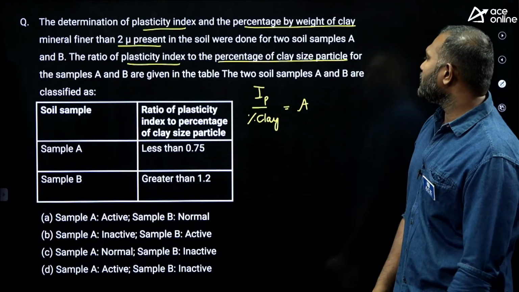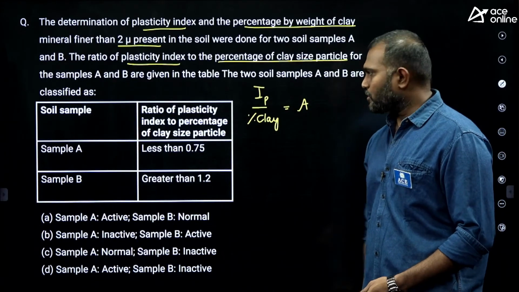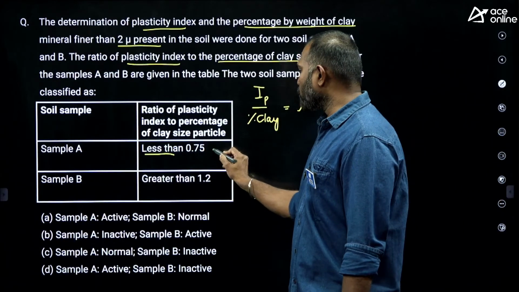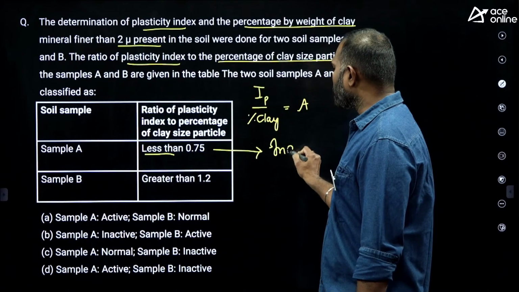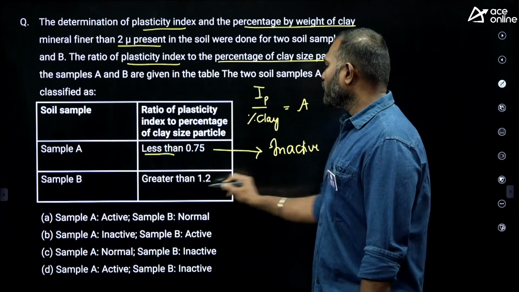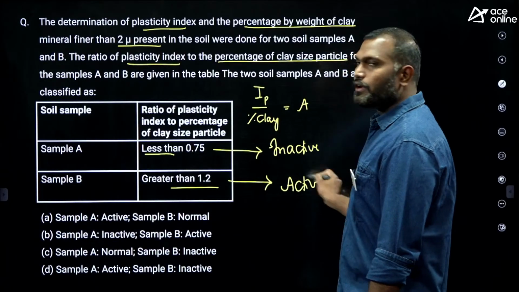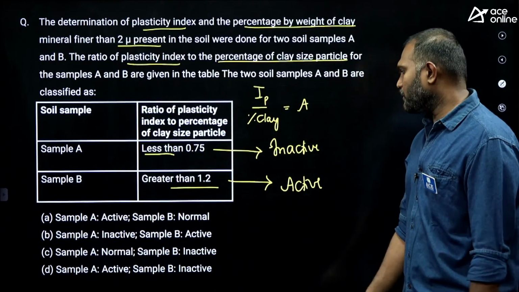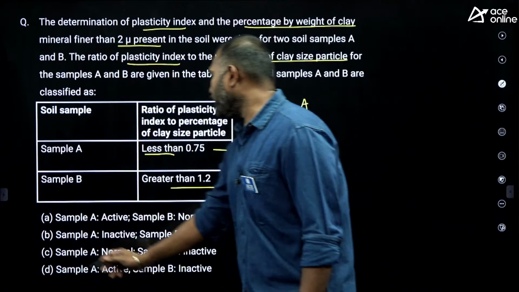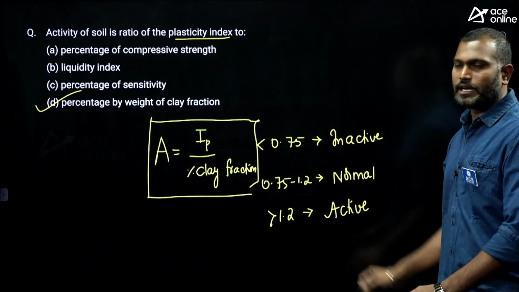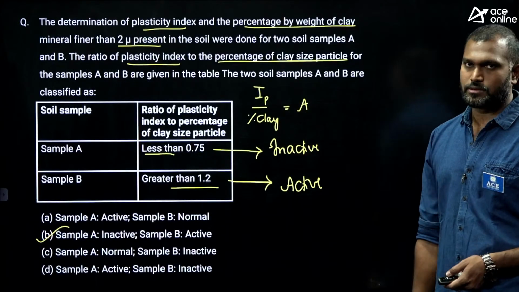Now the 2 soil samples A and B are, based upon the activity I just mentioned, less than 0.75, which is inactive, and greater than 1.2, which is active. If it is in between, we call it normal. So the correct answer goes as inactive and active, option B. So with these details, we can solve this question also.